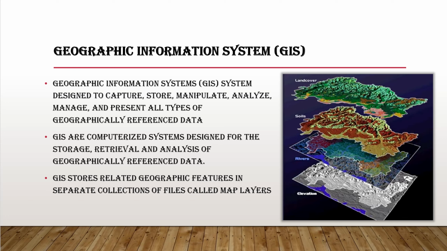GIS uses advanced analytical tools to explore, at a scientific level, the spatial relationships, patterns and processes of cultural, biological, demographic, economic, geographic and physical phenomena. The GIS stores related geographic features in separate collections of files called map layers, and map layers can be reused easily, assembled into any number of map compositions, and overlaid for analysis.